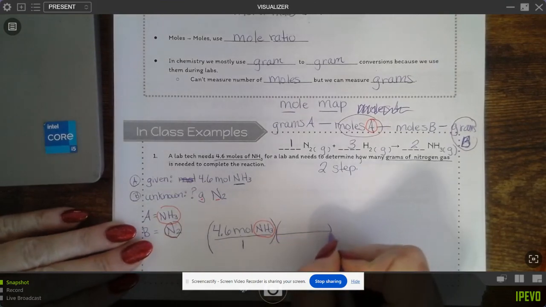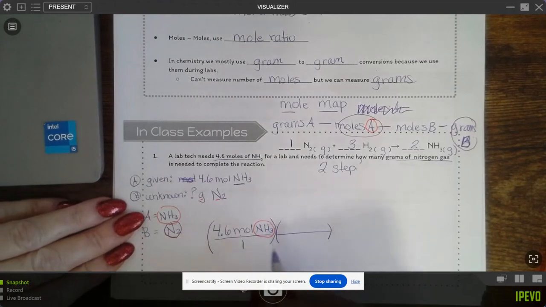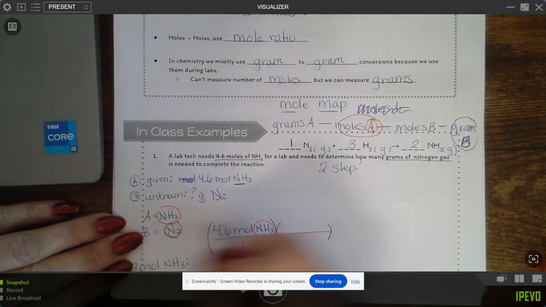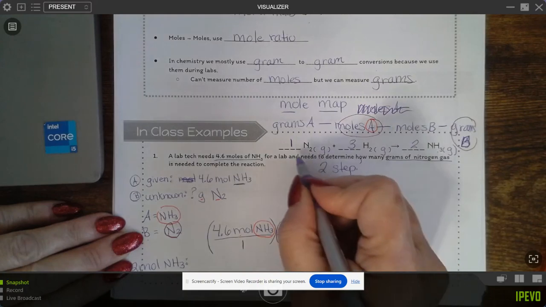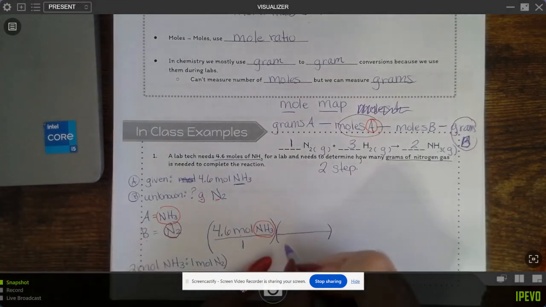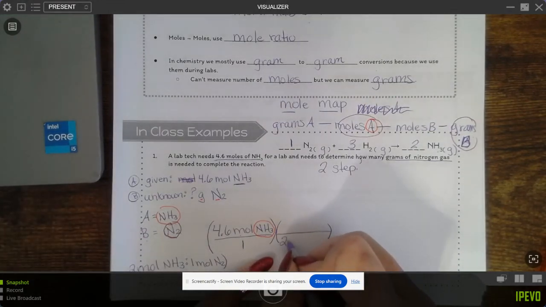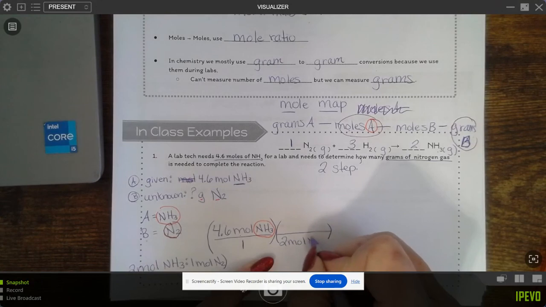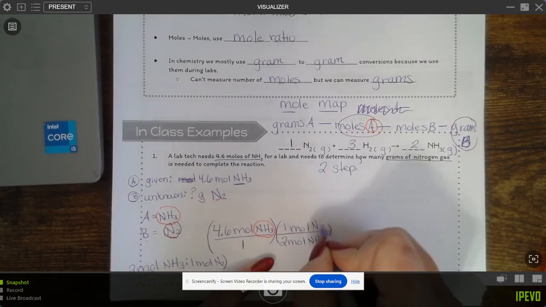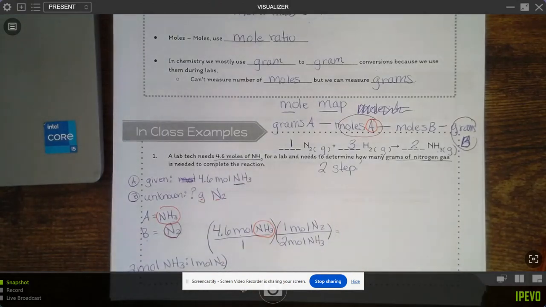In this case, our mole ratio, moles of A, is going to be 2 moles of NH3, and our B is N2, so to 1 mole of N2. So I'm going to plug in 2 moles NH3, 1 mole N2.